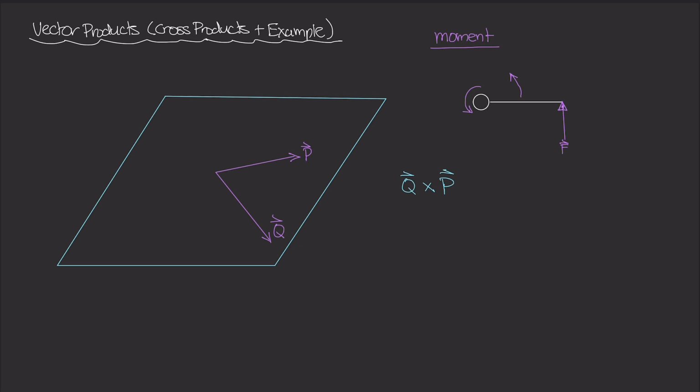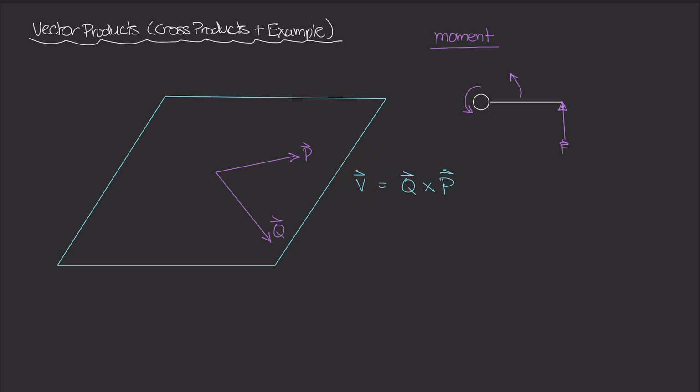Wrong. No, that's the cross product sign. So what we're saying here is we're taking Q and we're crossing it into P. And that gives us something known as a vector product. That vector product I will just call V. If you take Q cross P, it's going to give us a vector V.